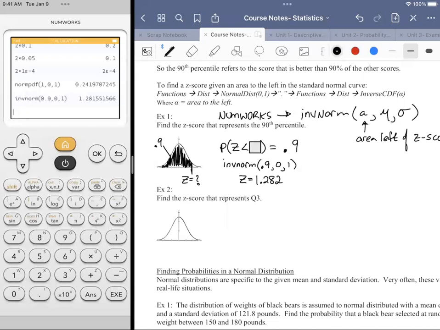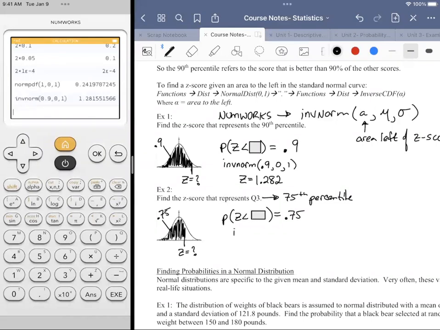All right. So when we do Q3 in the next problem, that's the 75th percentile. So same idea. We're going to shade 75% of the data and find the Z-score that corresponds to that distribution, I should say. So this is the probability that Z is less than some unknown number, and that gives a result of 0.75.